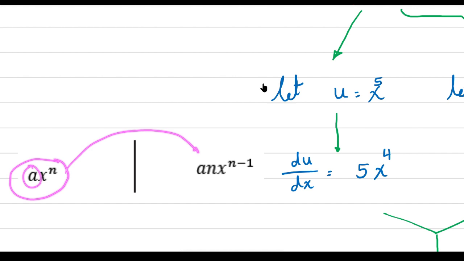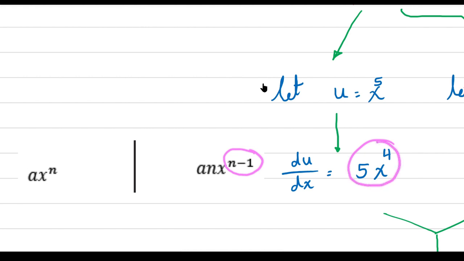Keep the number in front of x, multiply it by the power, and take away 1 from the original power to make your answer like this. So this is the differentiation of u.